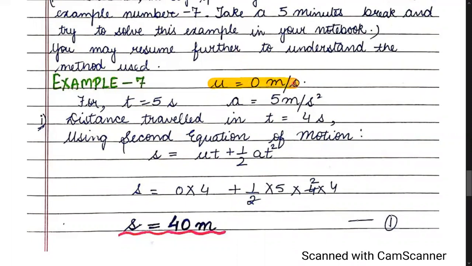This means that initial velocity of the particle is 0. It moves with acceleration 5 meter per second square for first 5 seconds. So the question is find the distance traveled in 4 seconds and 5 seconds.